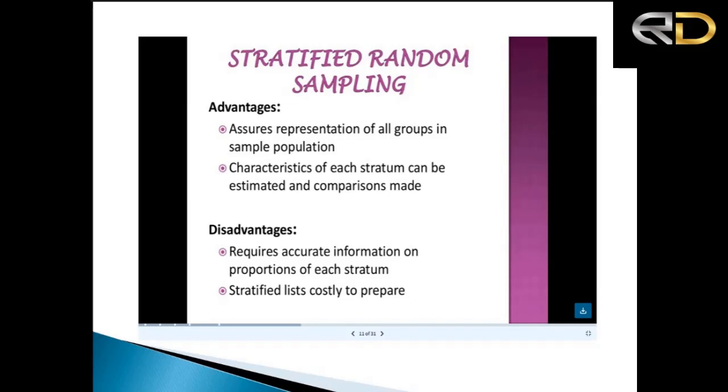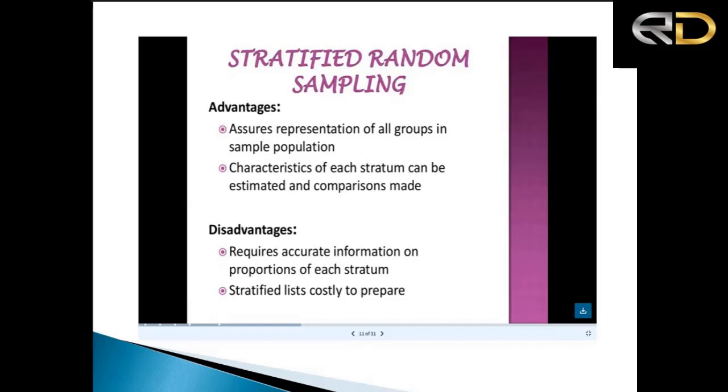And now there is one more allocation named Neyman allocation. There the per unit cost is the same for all the strata, while in optimum allocation, the per unit cost is not the same. It is different for different strata.